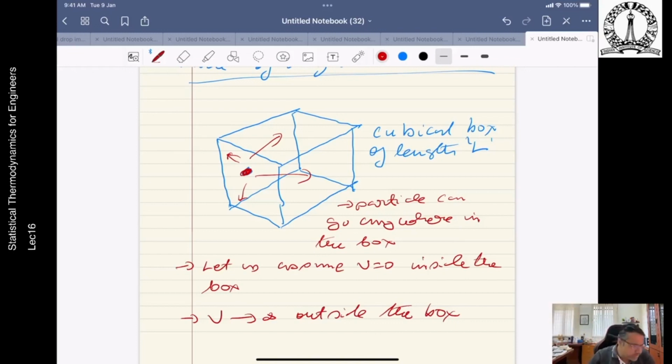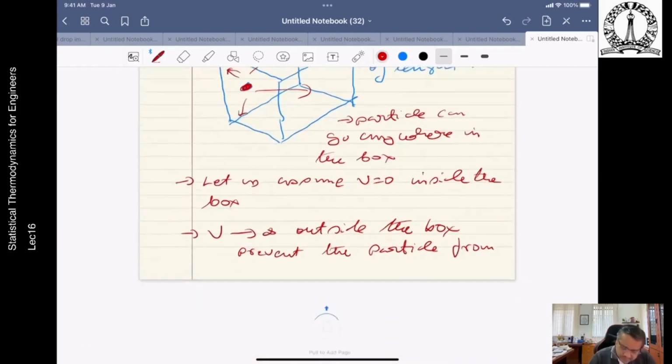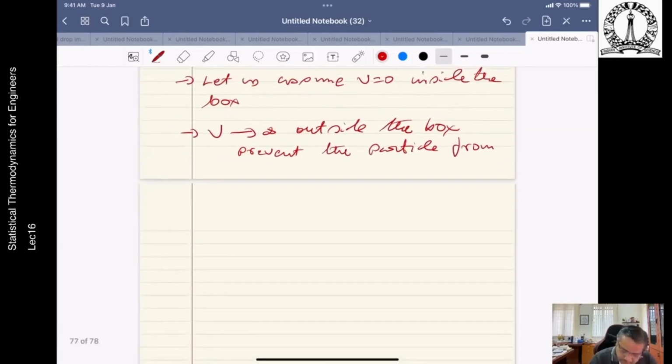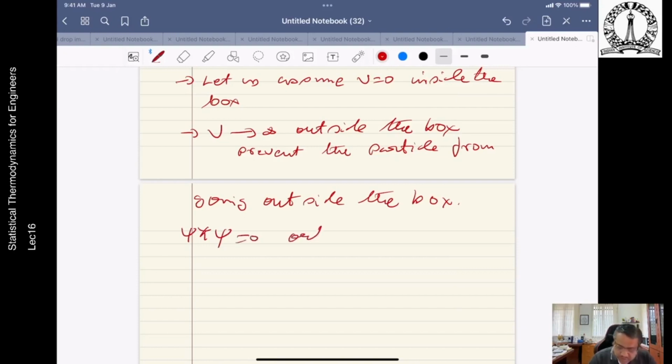It's like a barrier, used to prevent the particle from exiting the box, from going outside. It essentially also translates to psi times its complex conjugate being equal to 0 outside the box. That is because if it represents probability, then there is no chance that the particle can be outside the box. It's an improbable event. It's 0 outside the box.